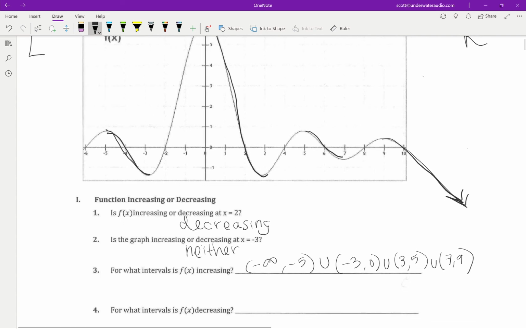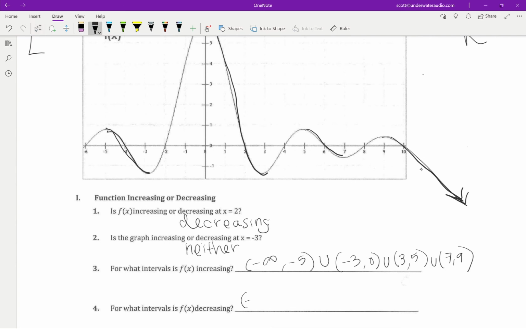So that would be negative 5 to negative 3, and then 0 to 3, and then 5 to 7, and then 9 to infinity.